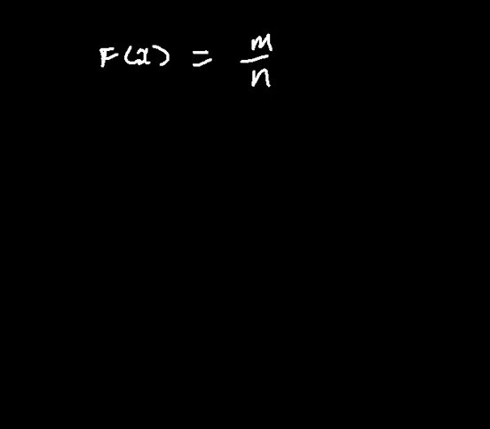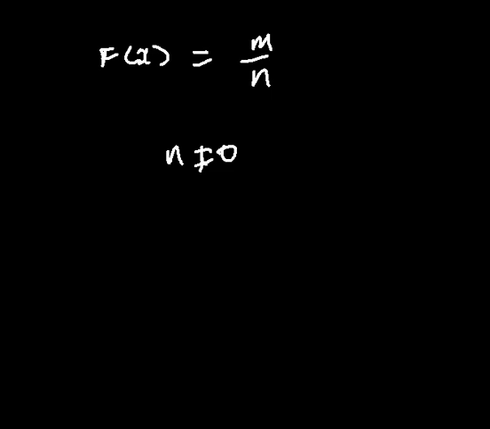This is a typical function where we have a variable on top and also a variable down. In all cases, you have to understand that a fraction is only undefined when the denominator is 0. Hence, since this is a rational function, n should not be equal to 0 in all cases. The denominator can be any value apart from 0.